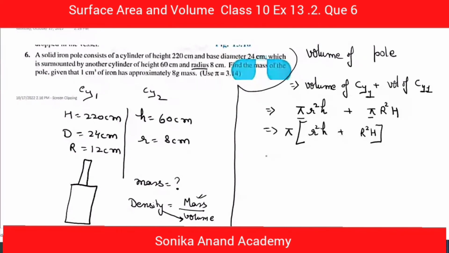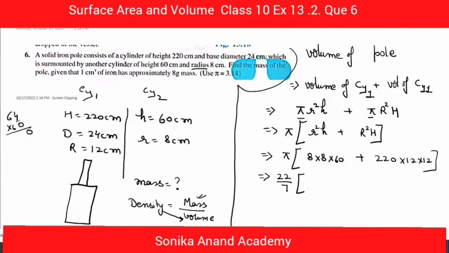Now we substitute the different values. Now for the r we have 8 into 8 and height is 60. Here we have 220 into 12 into 12. Now we have to solve this. So it is 22 by 7. Now we have to multiply. 8 is 64 into 60.